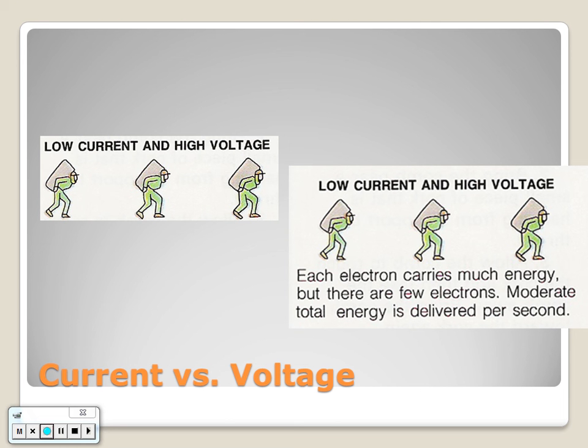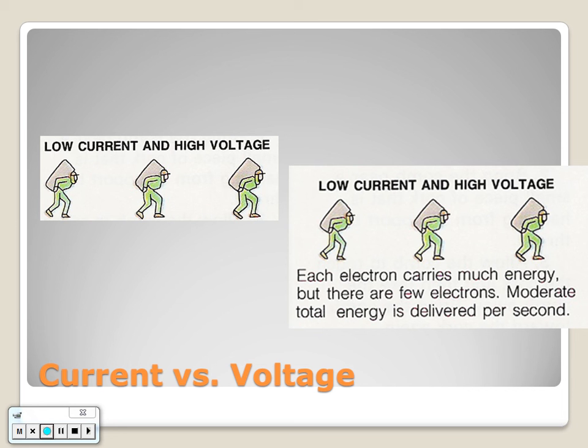But are there a lot of electrons? In the grand scheme of things, no. So a taser can do damage, but does it kill you like this socket will kill you? Could it? Sure, but we try to prevent that from happening, because there just isn't that much current. So with high voltage, low current, each electron packs a punch, but there aren't a whole lot of electrons. So overall, the ability to do stuff, the energy, is middle of the road.